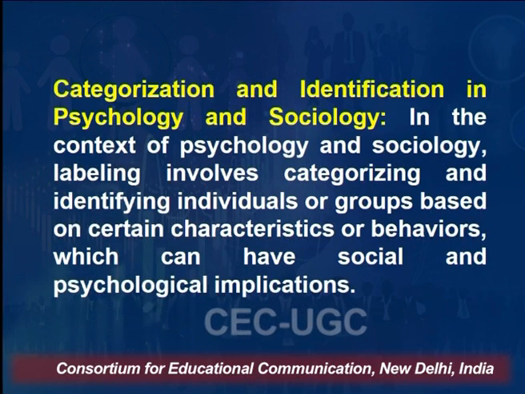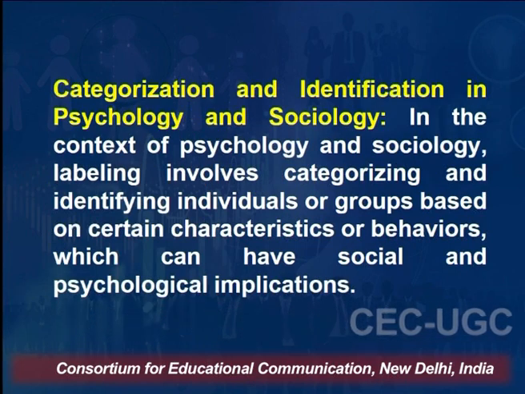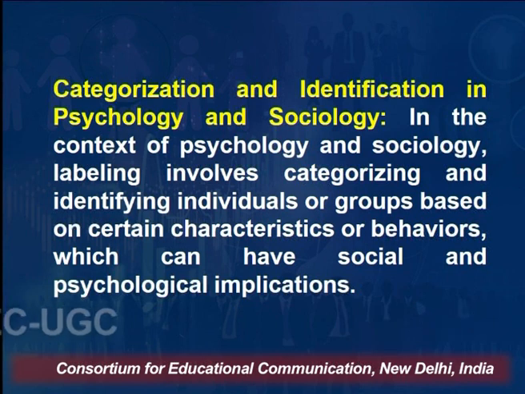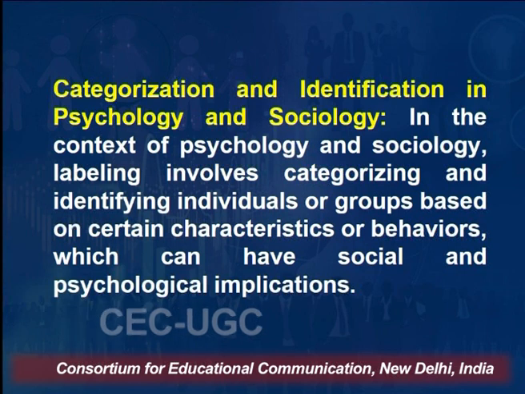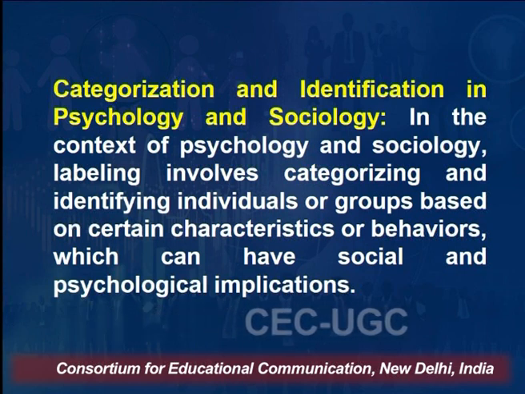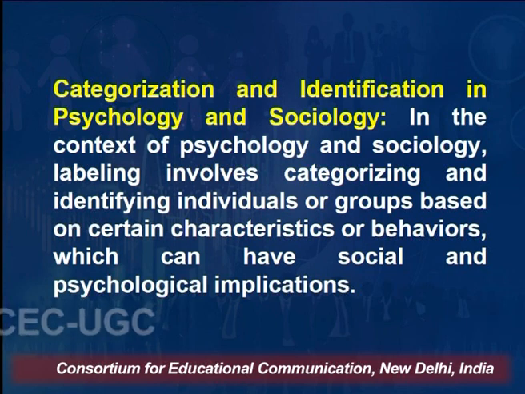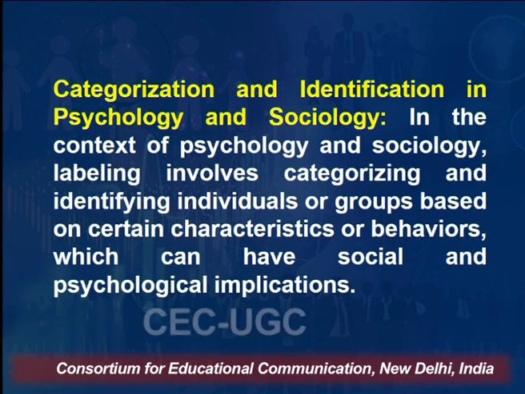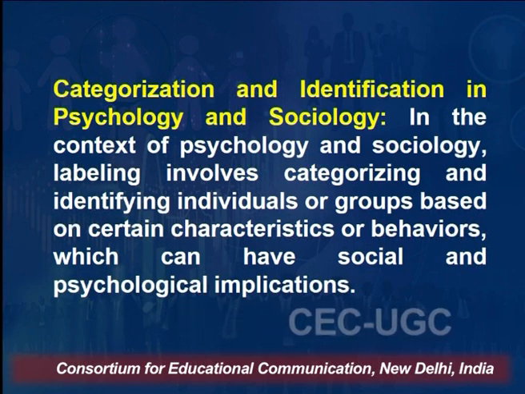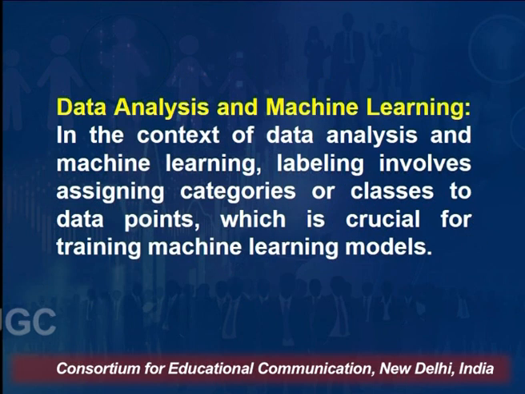Now let's talk about categorization and identification in the psychology and sociology. In the context of psychology and sociology, labeling involves categorizing and identifying the individuals or the groups based on certain characteristics or behaviors, which can have social and psychological implications. Data analysis and machine learning.